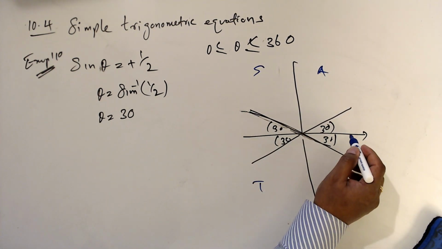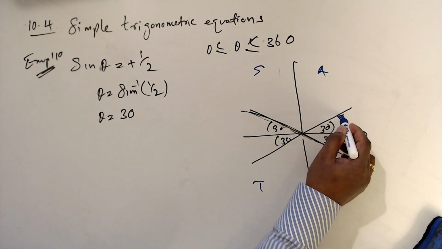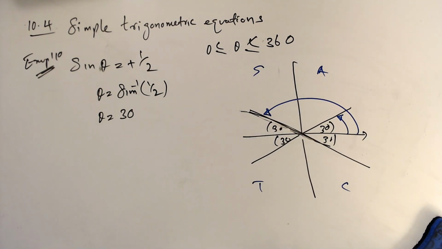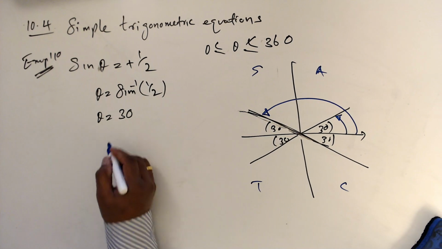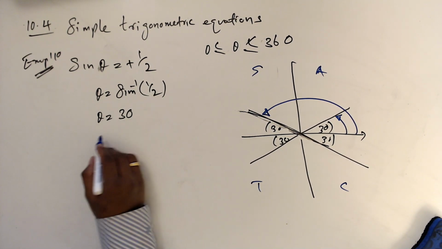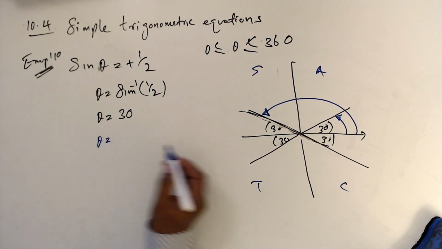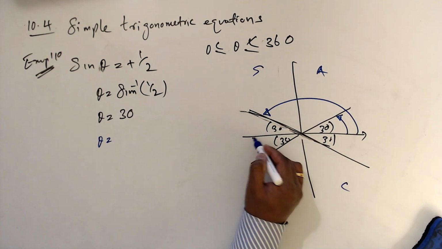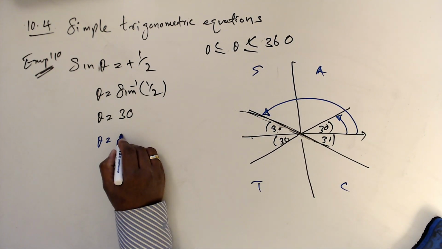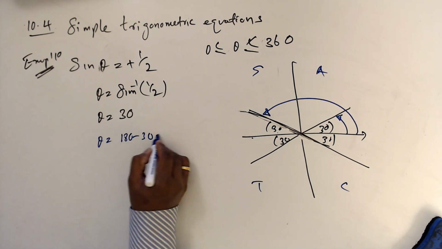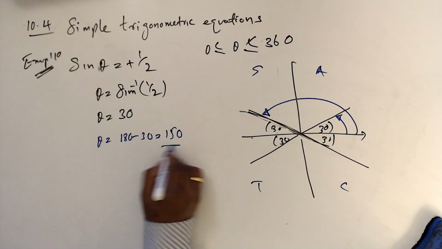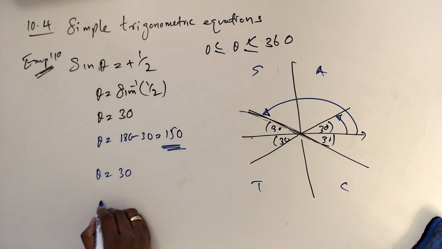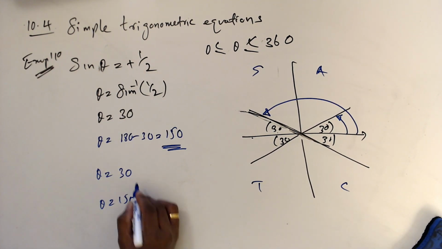It means one answer should be this one, the other one should be this one. So theta equals 30 or theta equals, what is this angle? The whole is 180 minus 30, which is 150. Now theta equals 30 and theta equals 150.